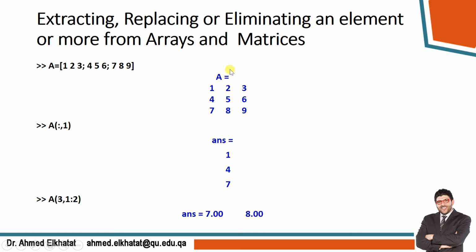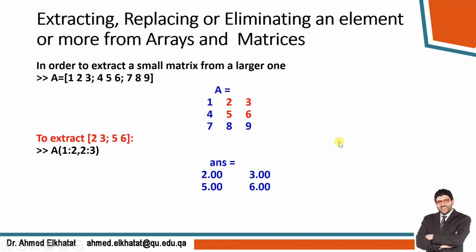Also, if I want to extract 7 and 8, it will be the third row and the first two columns. Also, as we said, to extract 2, 3, 5, 6, we can say 1 to 2 and 2 to 3. So it will be extracted like this.